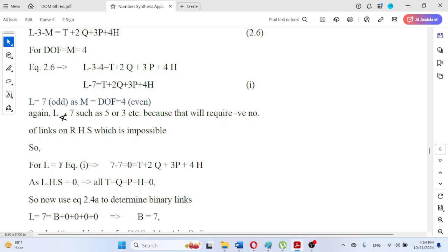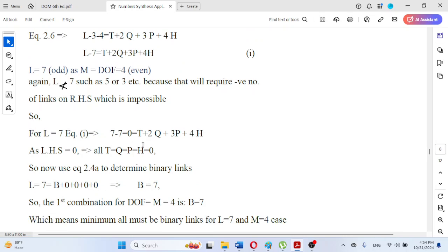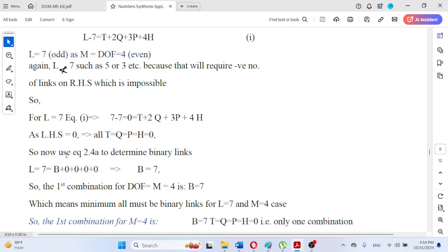For L equal to 7, 7 minus 7 is 0. So T plus 2Q plus 3P plus 4H is equal to 0. That means none of the ternary, quaternary, pentagonal or hexagonal links can assume any value other than 0, so T, Q, P, H are all 0.